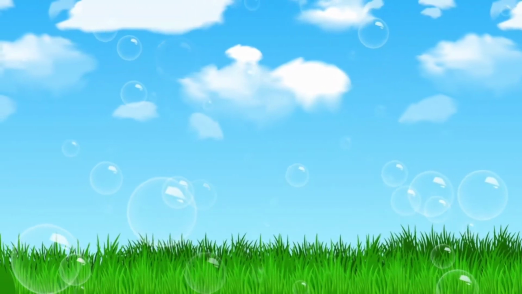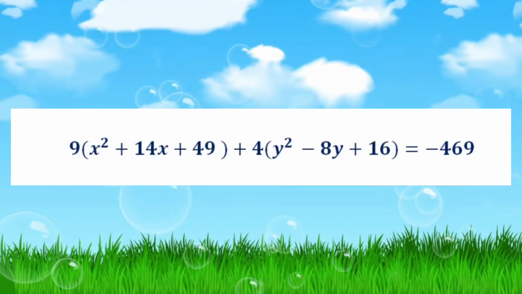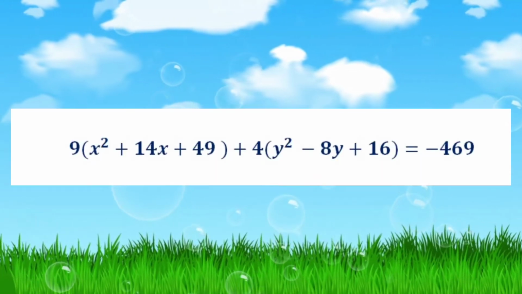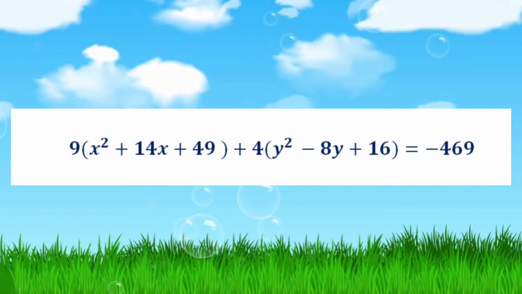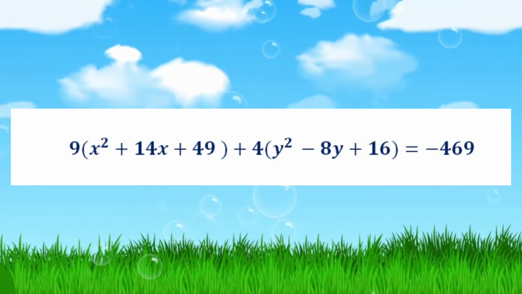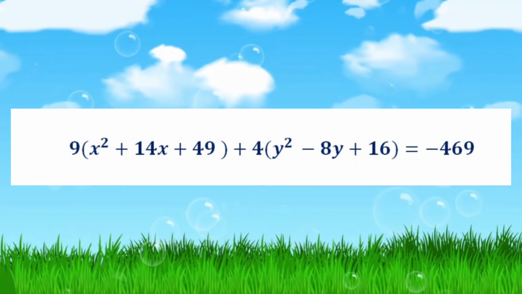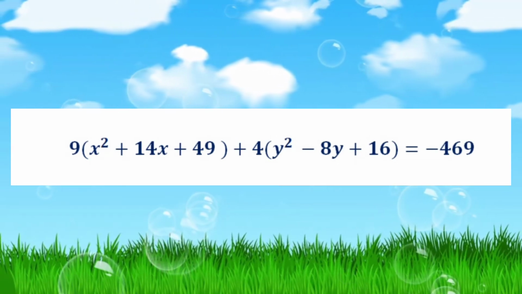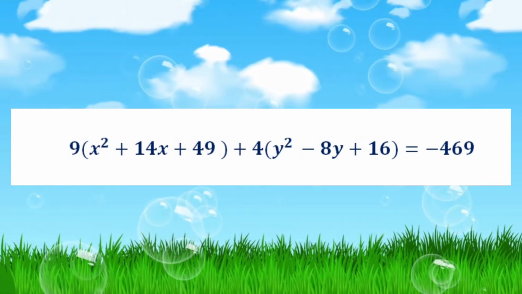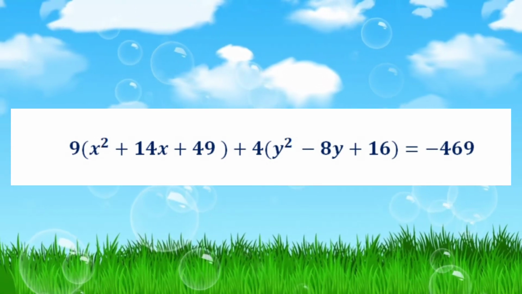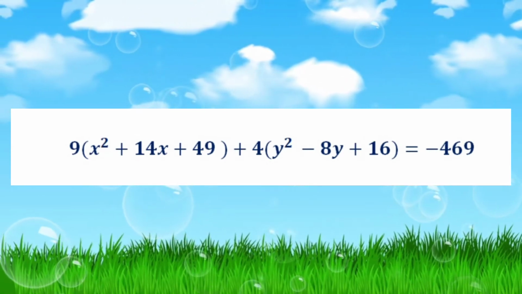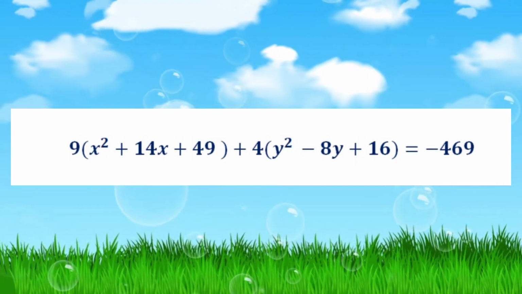So take those values, 49 and 16, then add them to our equation, and it will become 9 times (x squared plus 14x plus 49), and 49 will become the value of our c, plus 4 multiplied by (y squared minus 8y plus 16) equals negative 469.